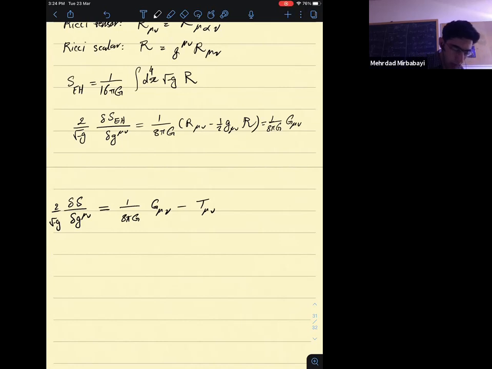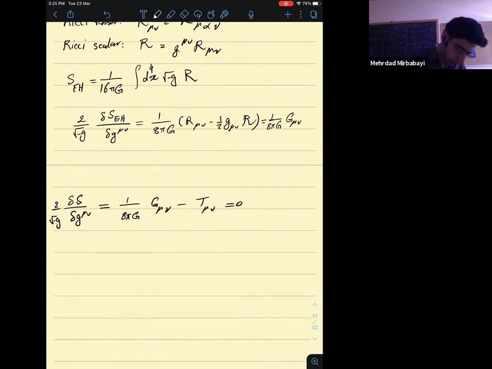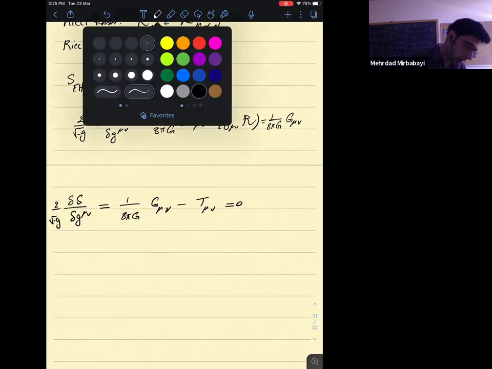This whole thing I have to set to 0. So as usual, we derive the equation of motion. In Einstein theory, the metric is a dynamical field, so we vary with respect to the metric and set that to 0 to find the equation of motion for the metric. That equation of motion is the Einstein equation.